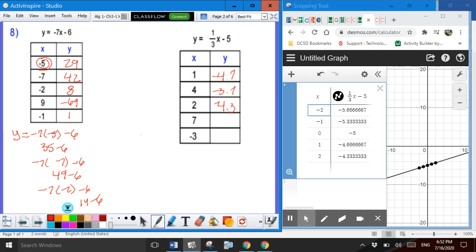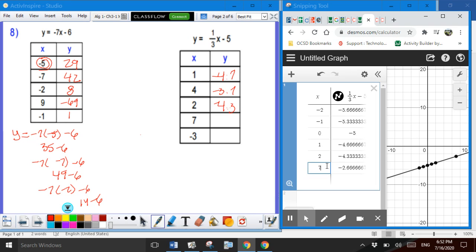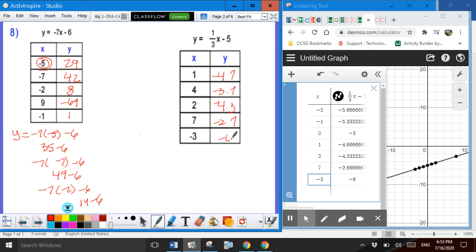Now I don't see 7 and I don't see -3. However, if I go to this next spot, I can hit 7 and it tells me what that answer is. So -2.7. And I can move down a spot and I can put in a -3. And it tells me that is a -6.